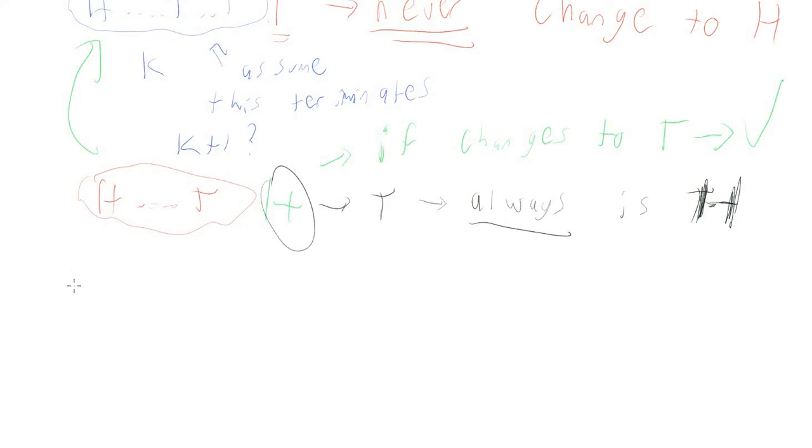So we can never have a case where we have k H's here and then a final H at the end. If it's always an H, this can never happen. So the question is, can this happen? And if this is certain to happen at some point, then this assumption is false, and this will change to a T. Okay, so how do we know that? Okay, so by the inductive hypothesis, right?